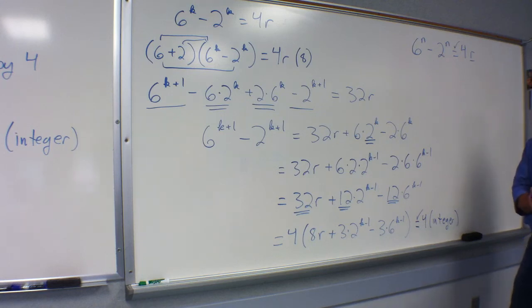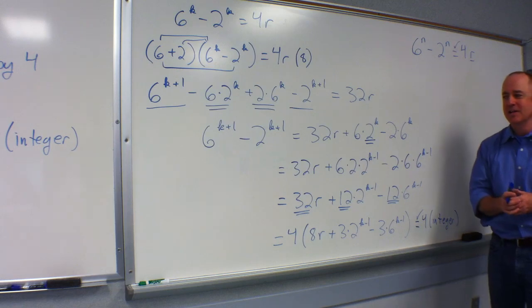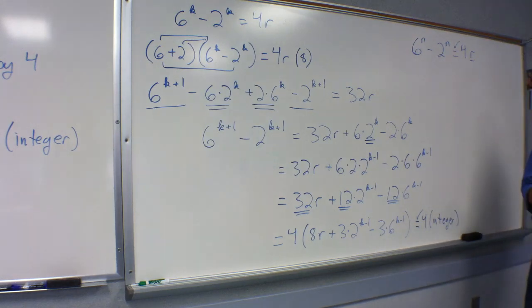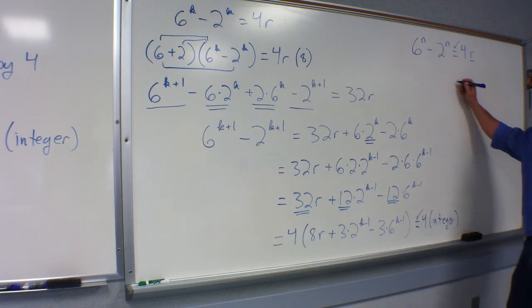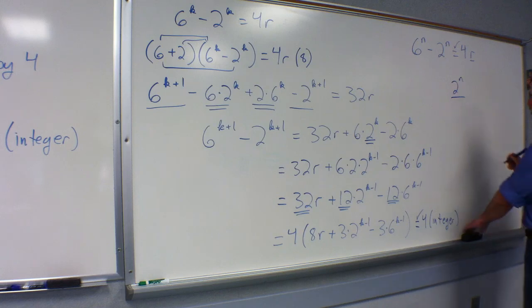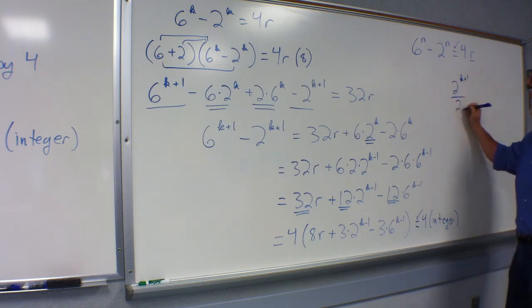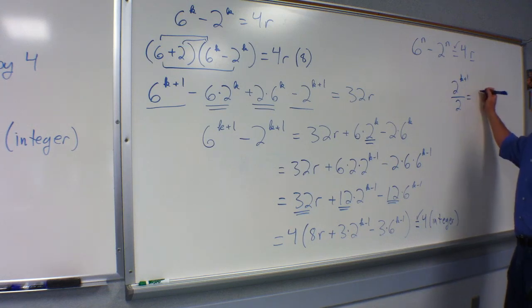What if fractions add up to a whole number? Yeah, that can be hard to prove. I think the ones I give you tonight, I didn't run into any of that. But if you wind up with a fraction, some of them can be deceptive. Let's say you get 2 to the k plus 1 over 2. That can be confusing until you remember that that's always just going to be 2 to the k.